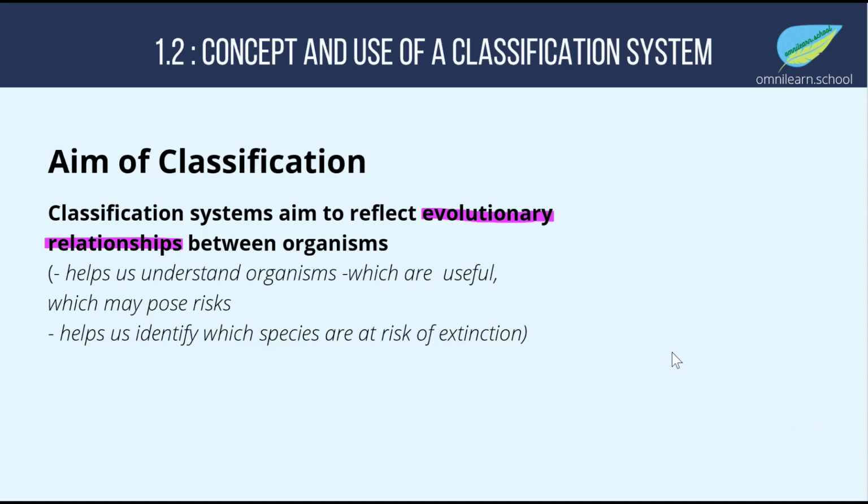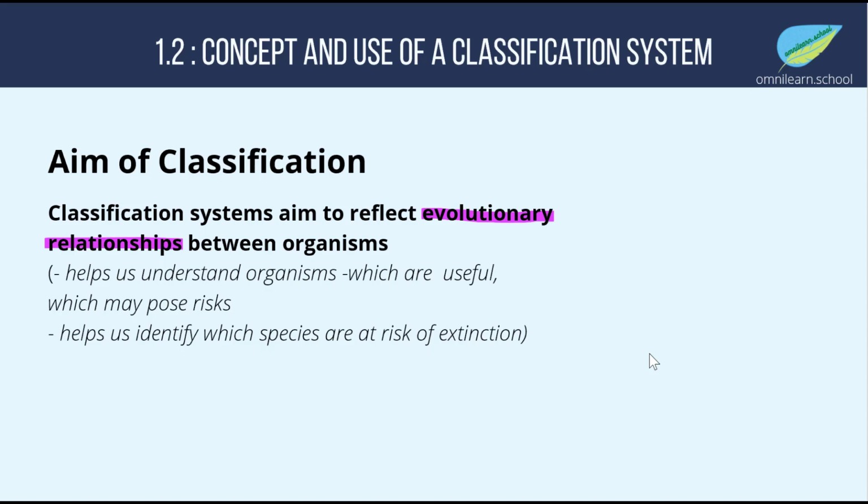And why is this important? Understanding evolutionary relationships between organisms helps scientists understand which organisms are useful and which may pose risks to other organisms or the environment. It also helps scientists to identify which species are at risk of extinction before it happens, so that scientists can take the necessary measures to preserve these organisms, right?